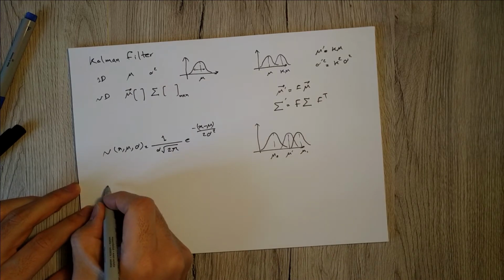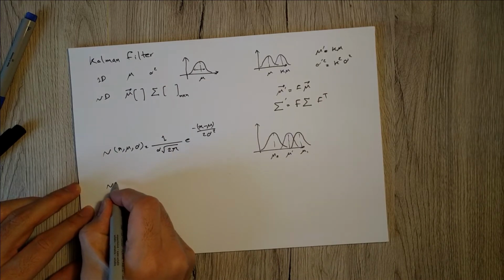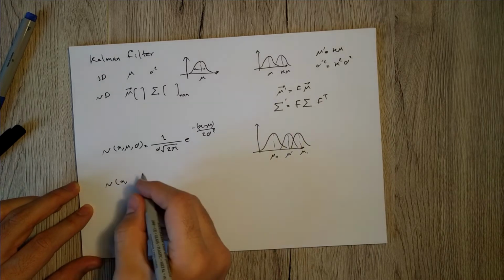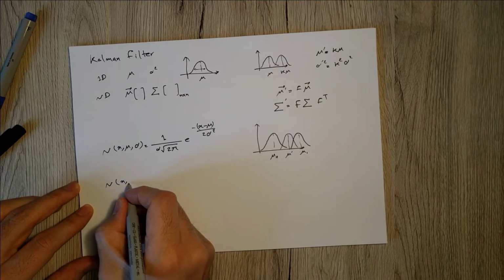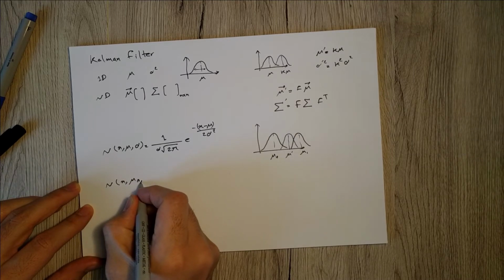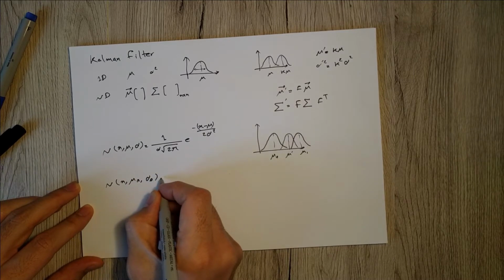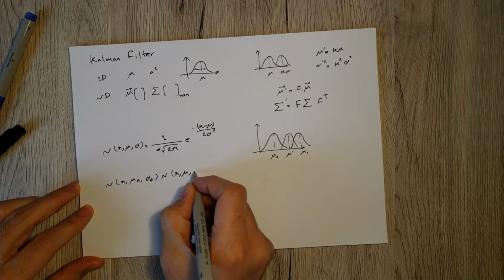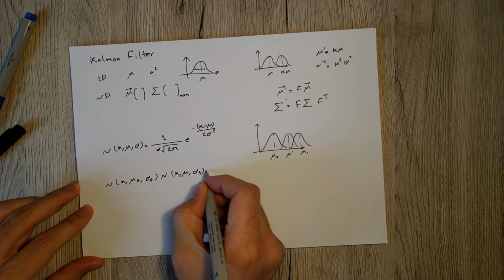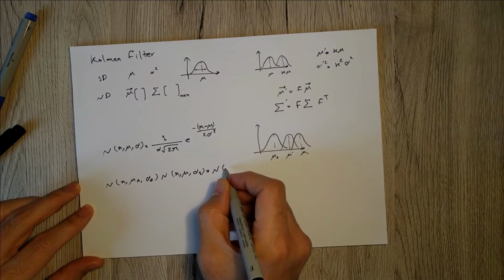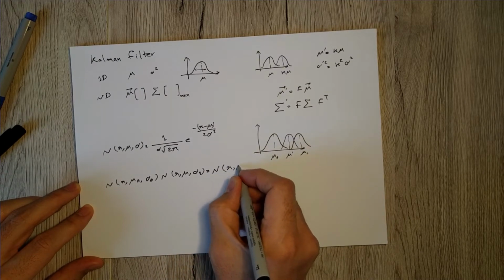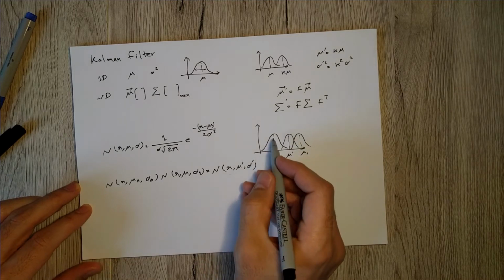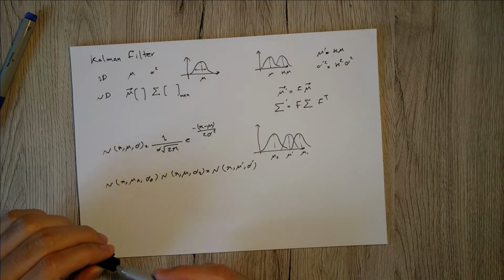Anyhow, we multiply these two Gaussians, and when you multiply two Gaussians, the result is still a Gaussian. You have to remember that these are actually probability density functions. These are not probabilities. Any single point on this doesn't make any sense.